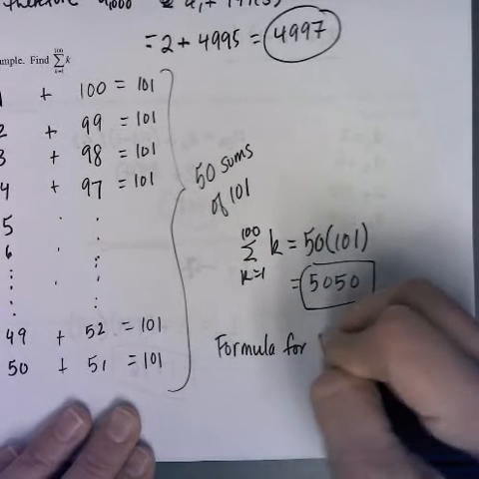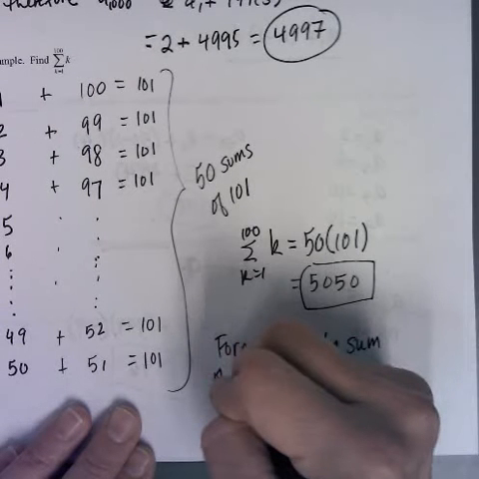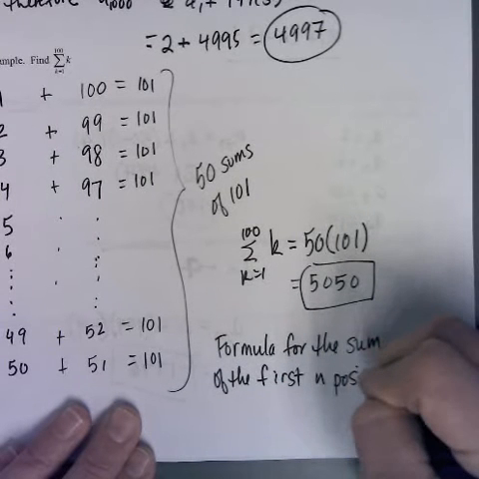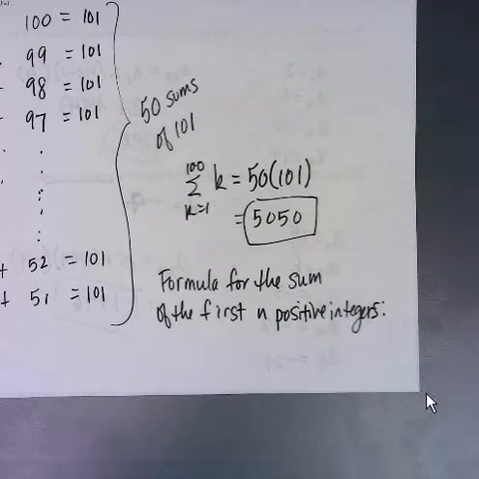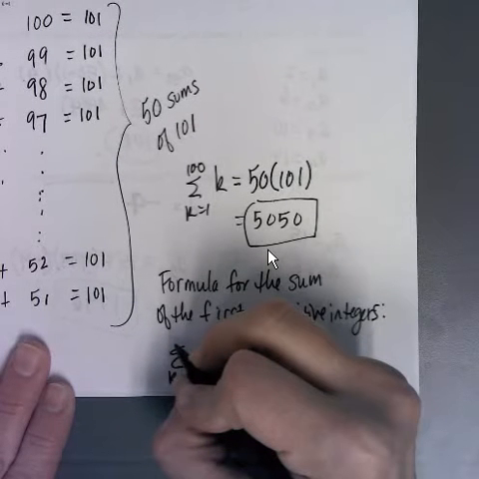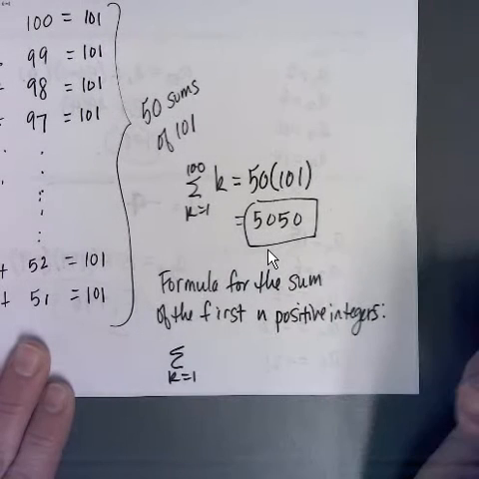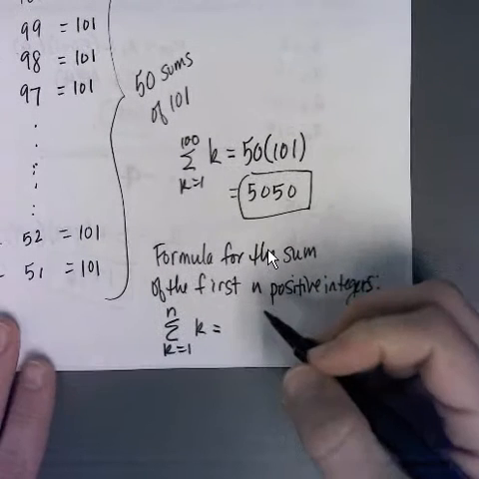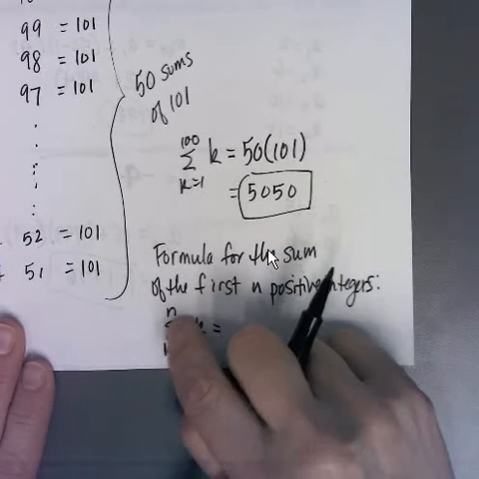for the sum of the first positive integers, which we can also refer to as the natural numbers, k equals 1 to n of k, is equal to... Notice this top number, this 101, is the top number plus 1.